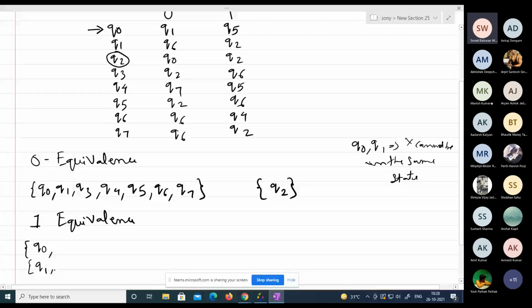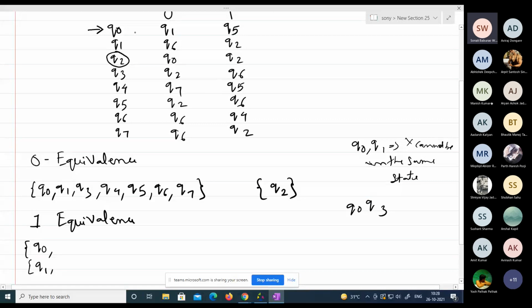Now we will check for Q naught, Q3. Let's see if Q naught and Q3 can be grouped together. Check in the table Q naught and Q3. No, they are also not giving the same values.